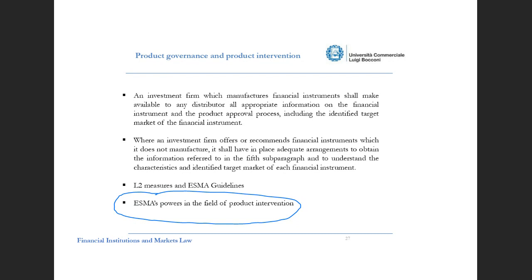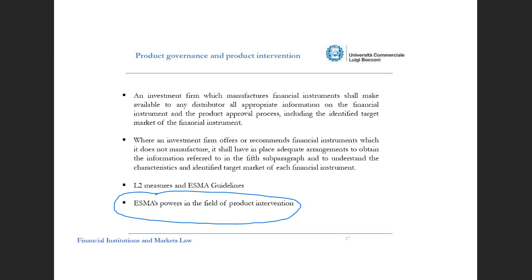This is limited to retail clients, and it has been used already, for instance, in relation to certain binary options, very risky products, and contracts for differences with a high level of leverage. These products have been blocked from the market.